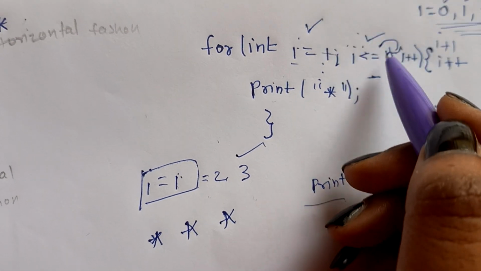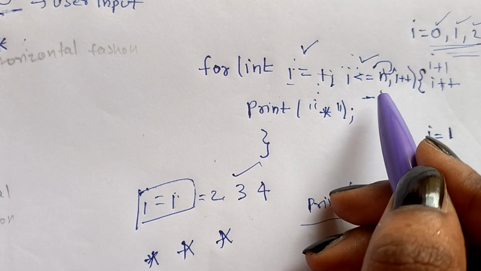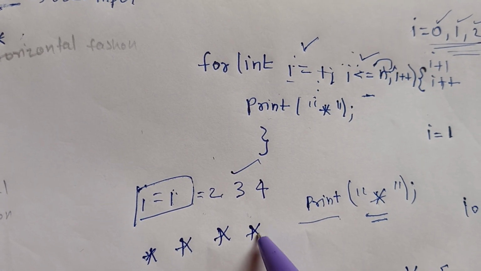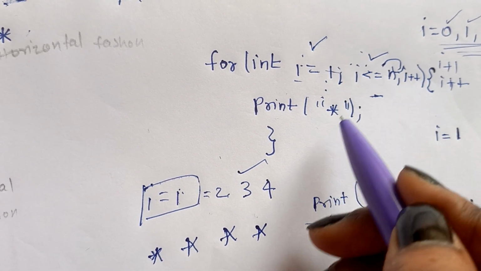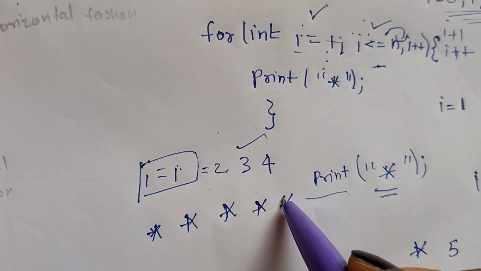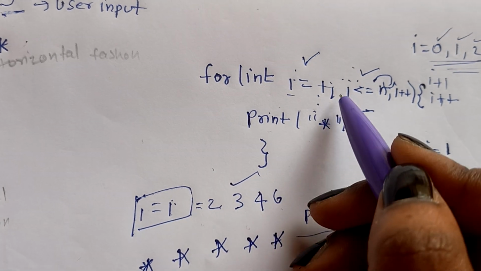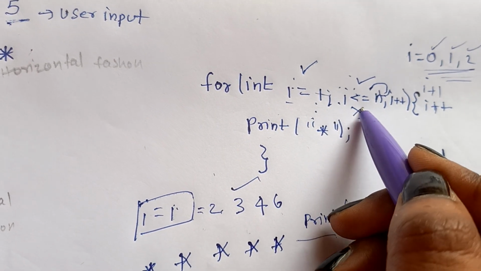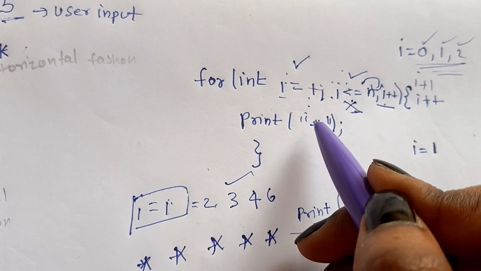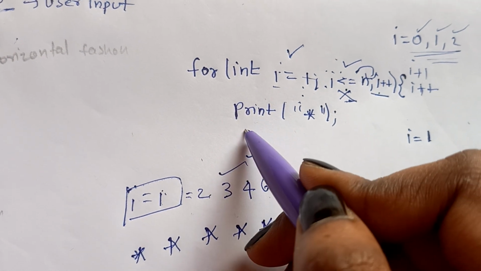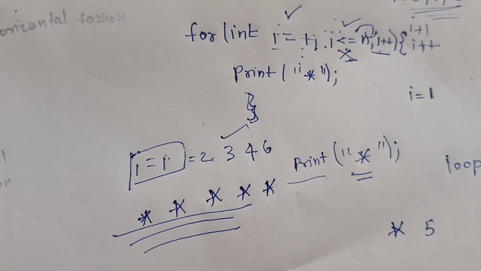Now I is 4. True, it prints. Now I is 5. Is it less than or equal to 5? Yes, true. It prints. Now I is 6. 6 does not satisfy the second condition, so it exits the loop. So that is how we get this kind of output.